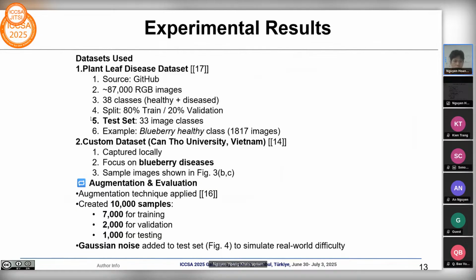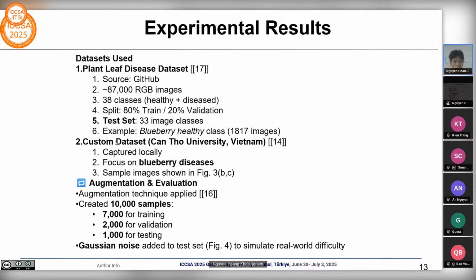With this, 80% is for training, 20% for validation, and the test set is 33 image classes. That is a sample of our class. We have our class, the blueberry healthy class. We also have a custom dataset from Cần Thơ University, Vietnam.